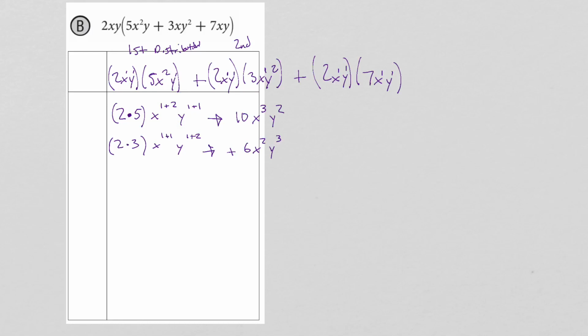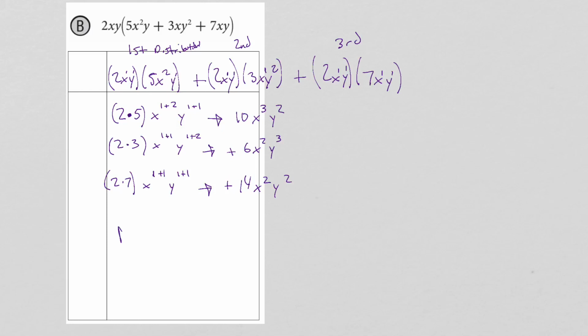And now this last term, here's the third one. We have 2 times 7, x to the 1 plus 1, and y to the 1 plus 1. 2 times 7 is positive 14, x squared, y squared. You'll notice all these exponents and variables have different powers.